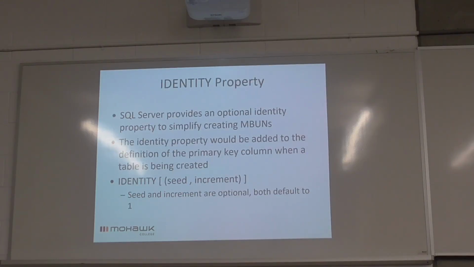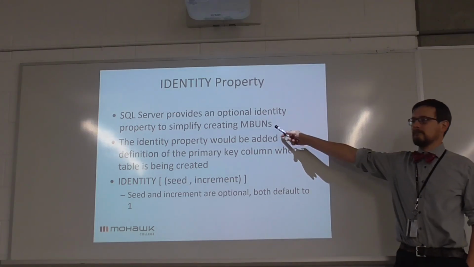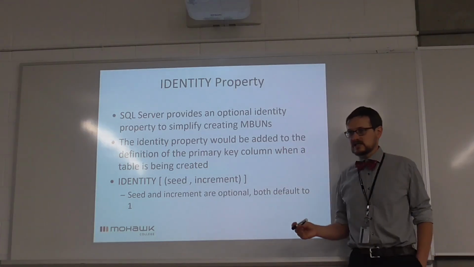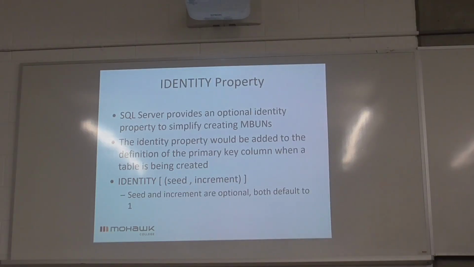Good. So, SQL Server provides an optional identity property to simplify creating IDs. That's the first one we talked about. The identity property would be added to the definition of the primary key column when the table is being created. So we haven't discussed table creation syntax yet, but it's a lot like declaring a function.